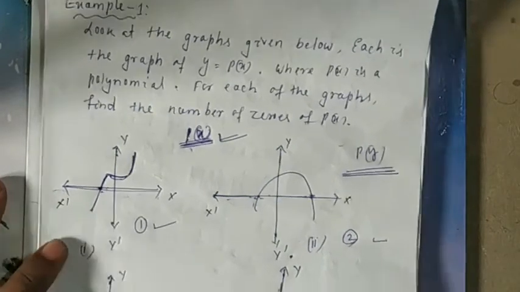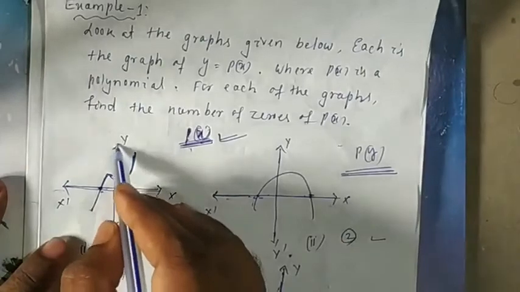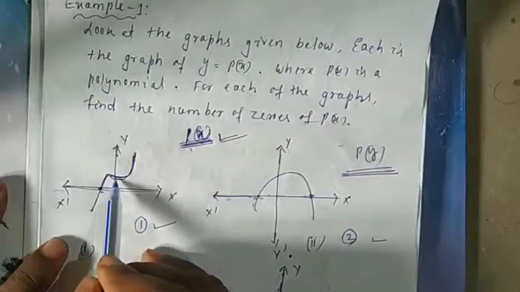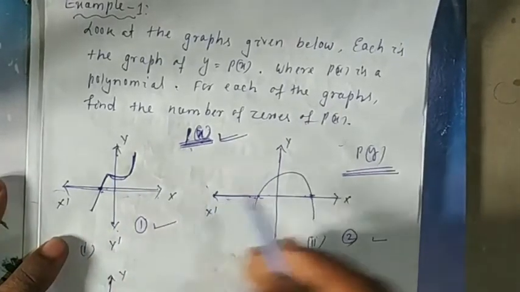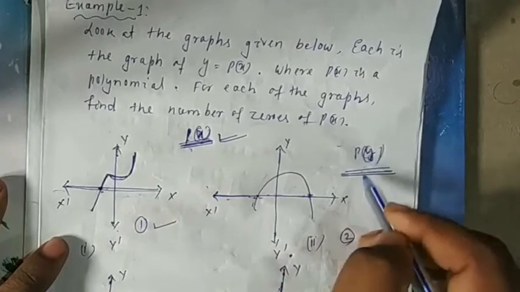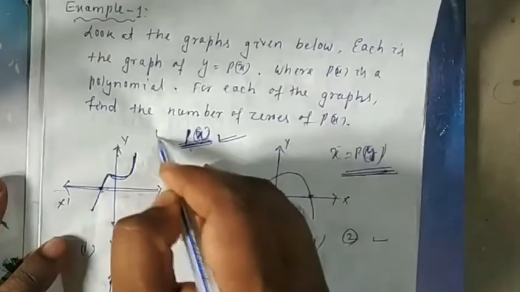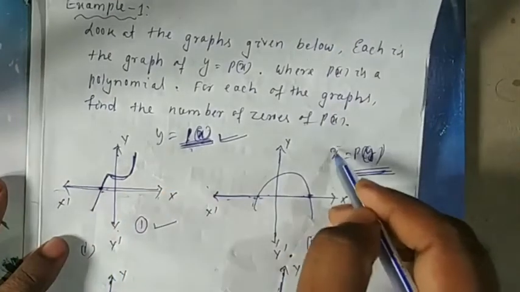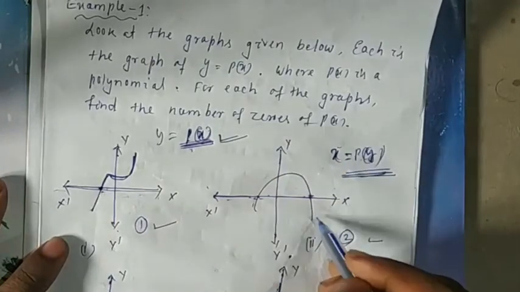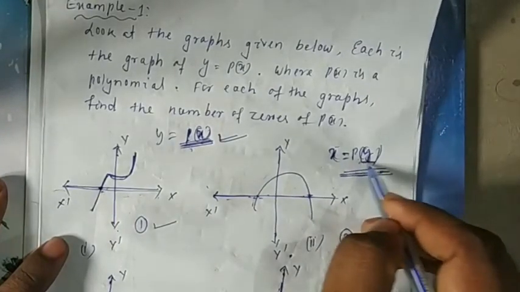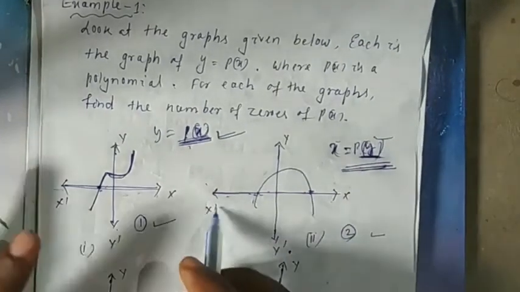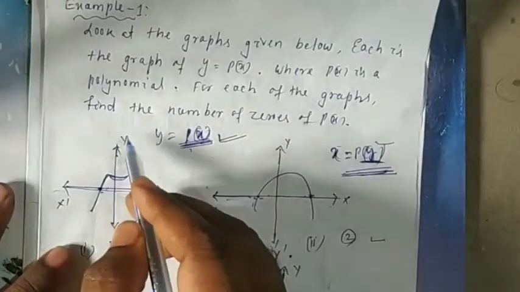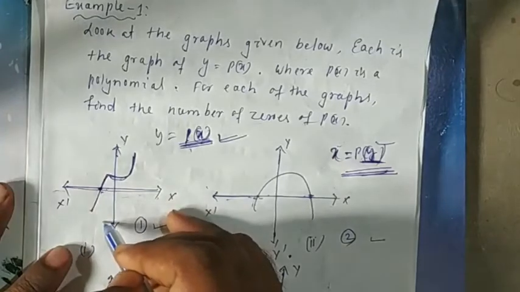Then we have to see at how many points the graph intersects the y-axis. I repeat, if the polynomial is given in terms of p of y, that is, here given y is equal to p of x, but if here given x is equal to p of y, then the polynomial has the variable y, and we have to see at how many points the graph intersects the y-axis.